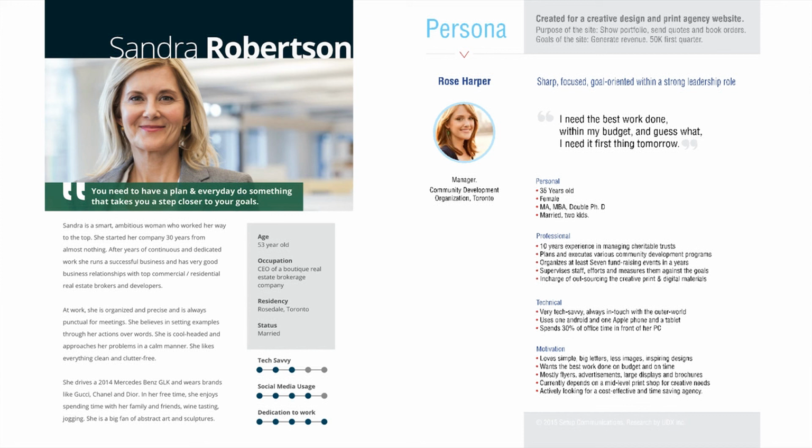Then, of course, we need to include things in the narrative of our user persona, which means that we need to tell a story about this user. Sometimes we'll also call out psychographic qualities, like things they enjoy, skills that they have, and you'll see that a little bit represented in the one on the left.